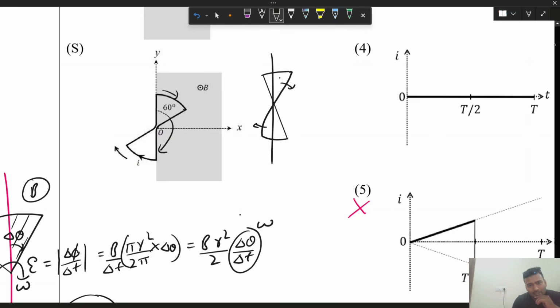In this part, flux is increasing. In this part, flux is decreasing, right? So overall you can say the overall change in the flux will be zero. So even for such a case, where both triangle parts have their sum of the portion inside the magnetic field, still here also you get EMF of zero value, because the overall change in flux is zero. So for S, throughout the complete rotation, current will be zero, right?